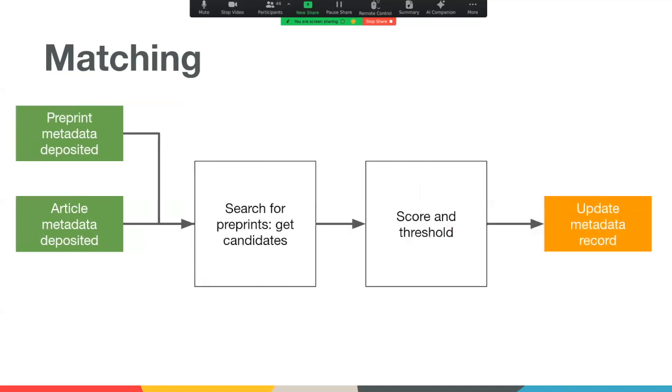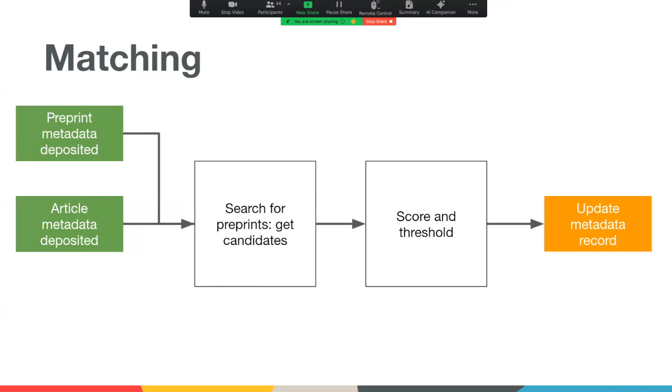So we are looking to change this process, and what I want to talk about today is mainly the white boxes here. That when we receive an article, we'll do a search in our database and just get a few candidates to say, these might be a preprint that matches this article.